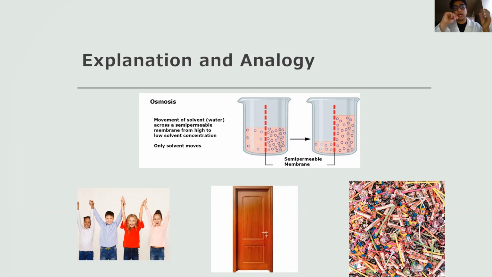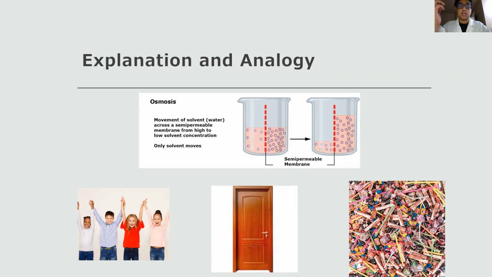Outside this room, there is a bunch of students, a lot of kids specifically. And on the inside of the room, there's very few kids. Now, the kids outside the room don't have any candy or anything. Maybe they have a couple of candies to share between them, but for the most part, they don't have too much. Whereas the kids on the inside of the room have a lot of candy and there's very few of them.